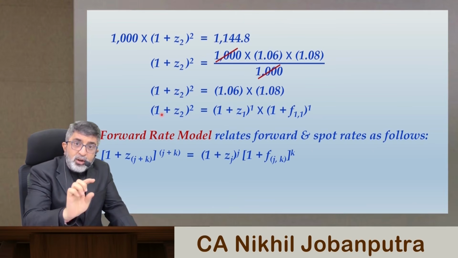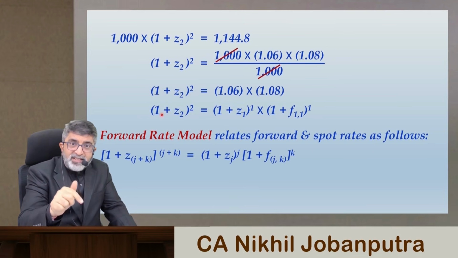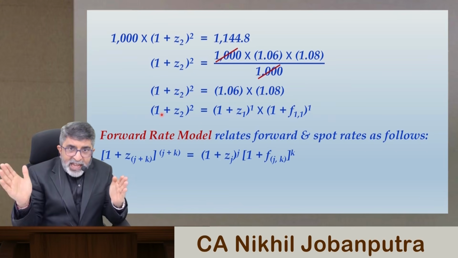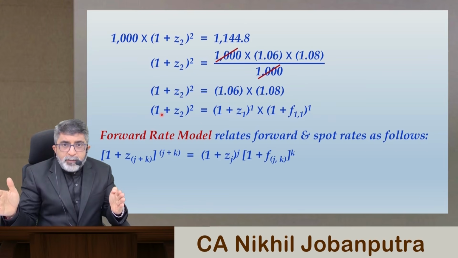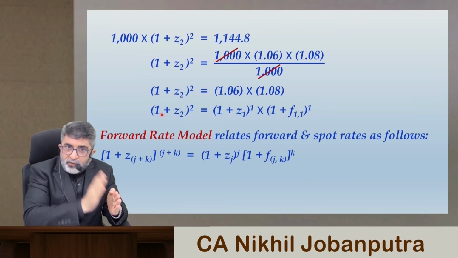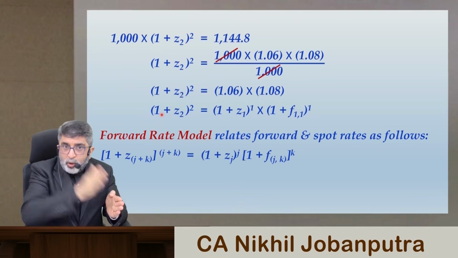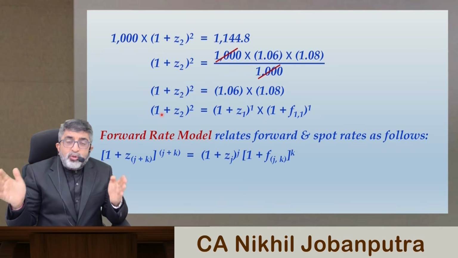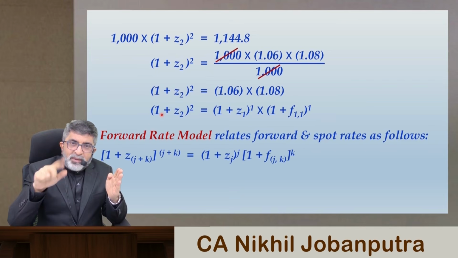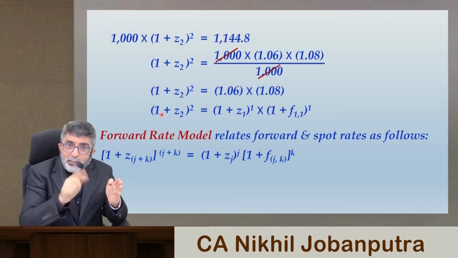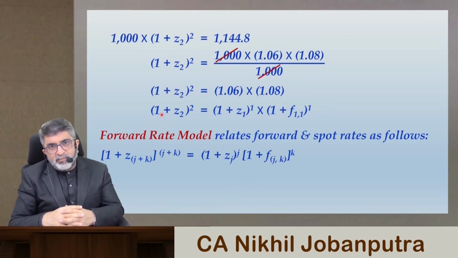This was the longer term factor, that is (1 + Z2)², because in that timeline 0, 1 and 2, correct? From 0 to 1, 1 year period. From 0 to 2, 2 year period. So what is the factor for 2 years? (1 + Z2) whole square. What is the factor for 1 year? (1 + Z1)¹.